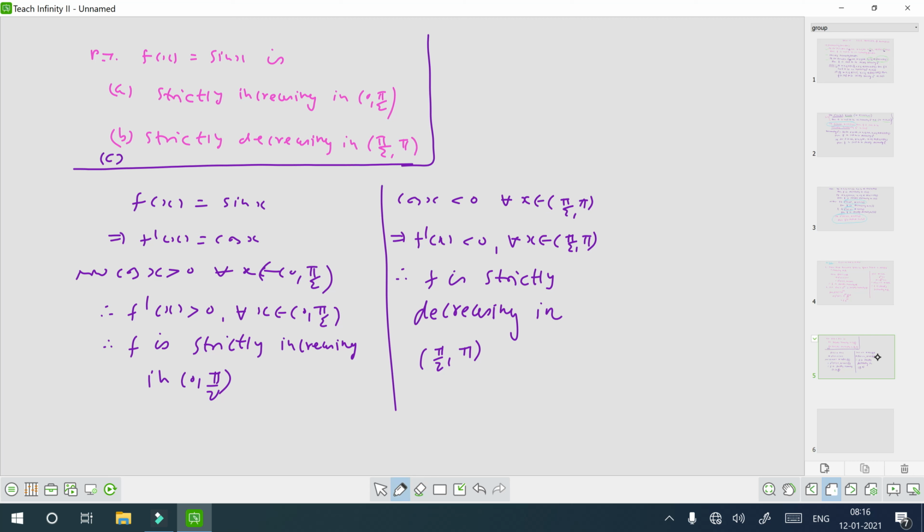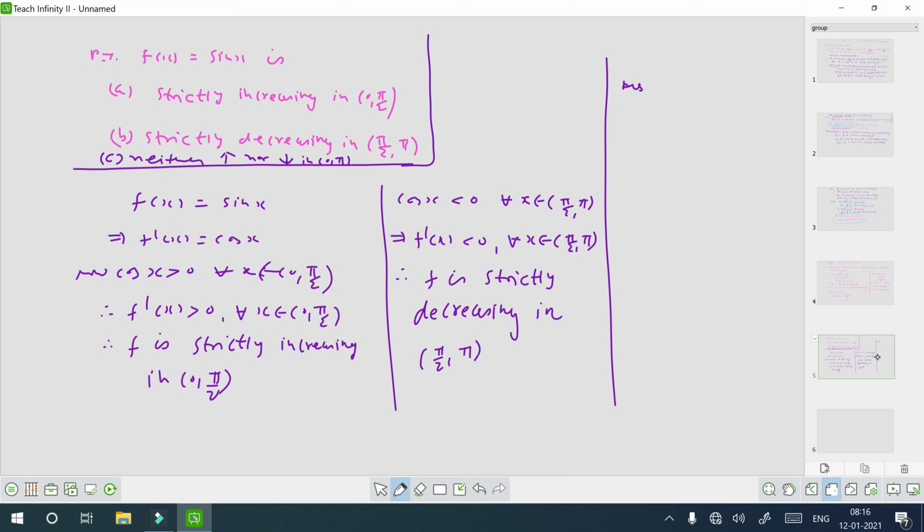C part says that neither increasing nor decreasing in open interval 0 to pi. So let us see here.